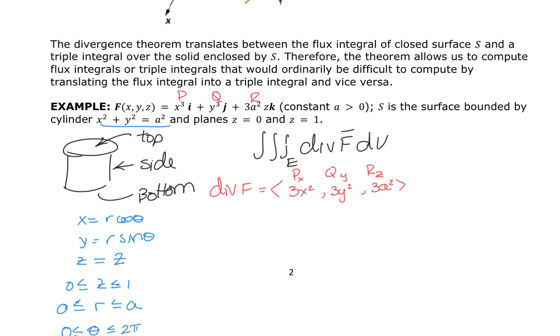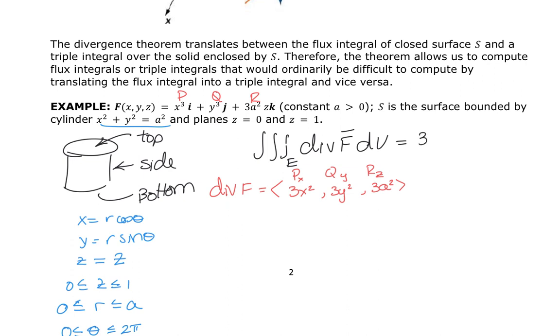Now, I have to parameterize my divergence in terms of my x, my y, and my z. And so this divergence is going to be equal to, well, you notice each one of these terms inside this vector has a multiple of 3. So I'm going to pull that 3 out front.